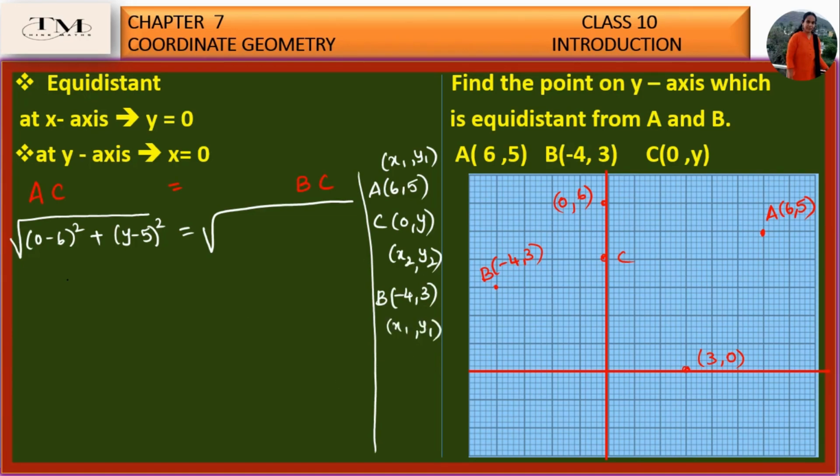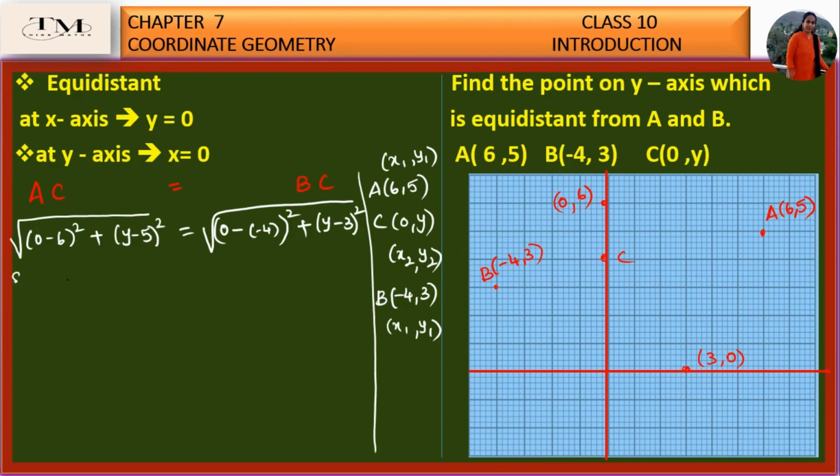So this B is now (x1, y1). So it is x2 minus x1. x2 is 0, so 0 minus x1, which is minus 4, whole square, plus y2 minus y1, where y2 is y and y1 is 3. So (y minus 3) whole square. So what happens?